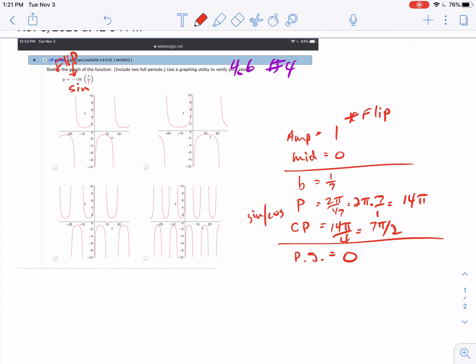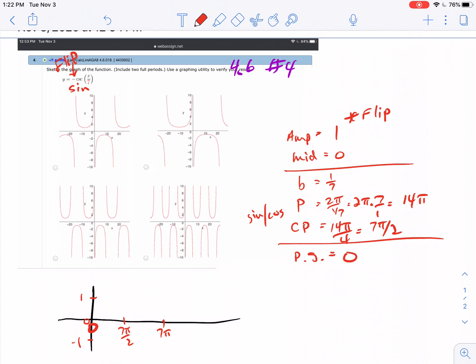So if I were going to just do a quick sketch, my midline is at 0, and I'll go up 1 and down 1, and I will also start at 0 for my critical value, and then I'm just going to add 7 pi over 2, and 7 pi over 2 plus 7 pi over 2 is 14 pi over 2, which reduces to 7 pi.